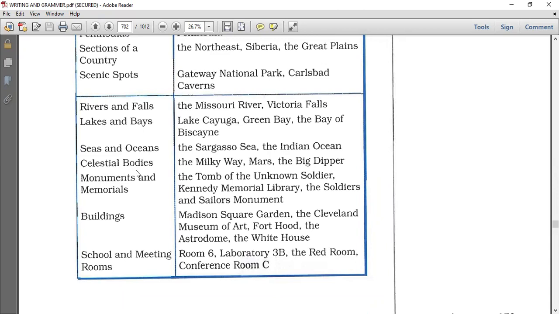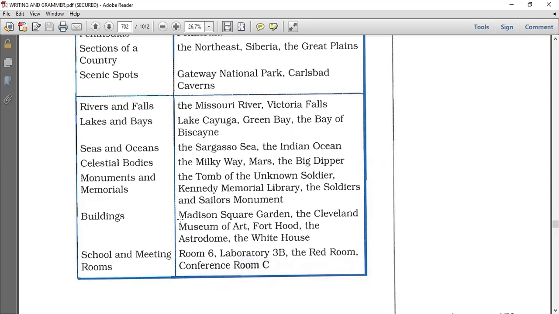Celestial bodies in space, the Milky Way, you know the Milky Way, capital M, capital W, Mars, the name of a planet, the Big Dipper, okay. Monuments and memorials, the Tomb of the Unknown Soldier, the tomb, capital T, unknown soldier, Kennedy Memorial Library, the Soldiers and Sailors Monument.